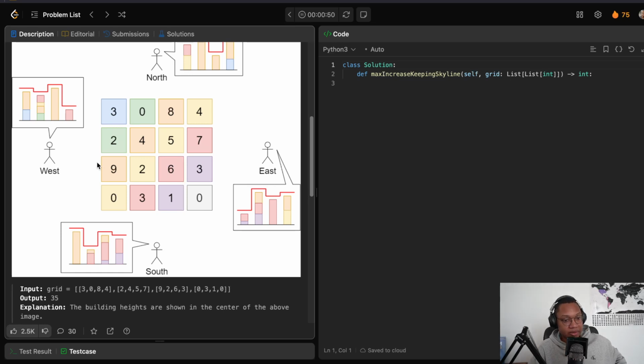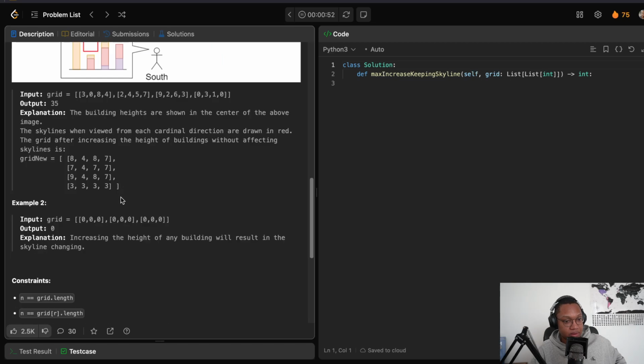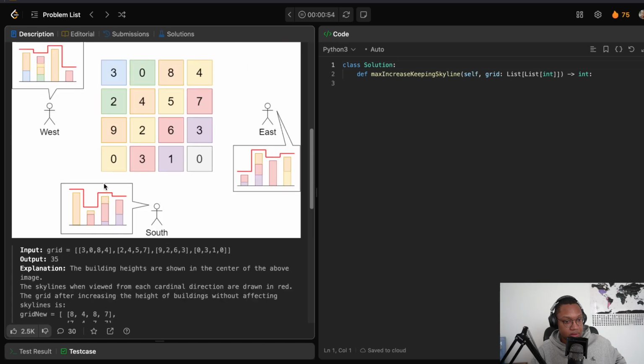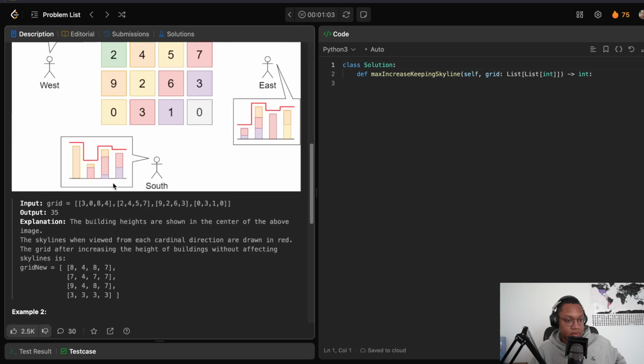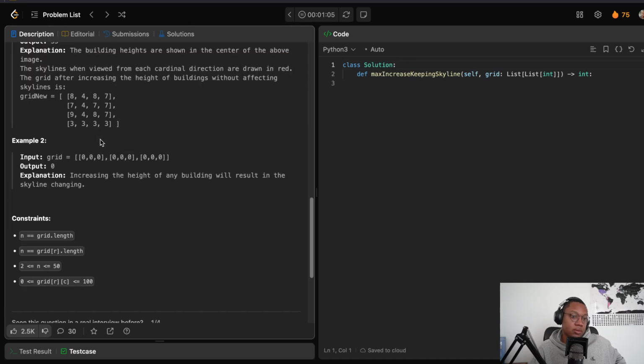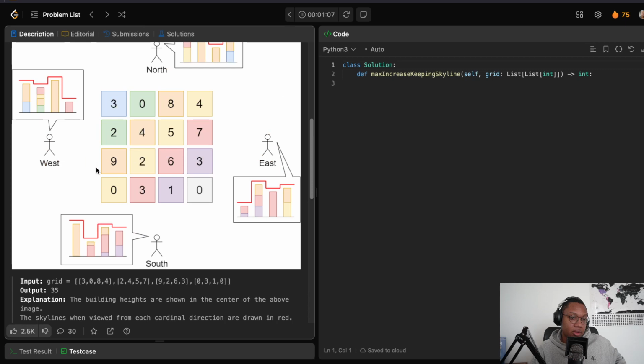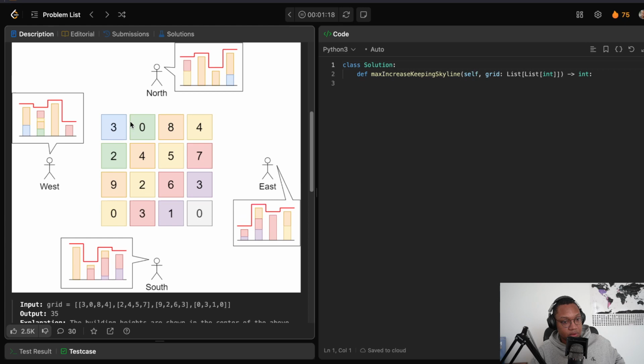That keeps track of the maximum value, the max value for a row and a column. So you can check through every direction.